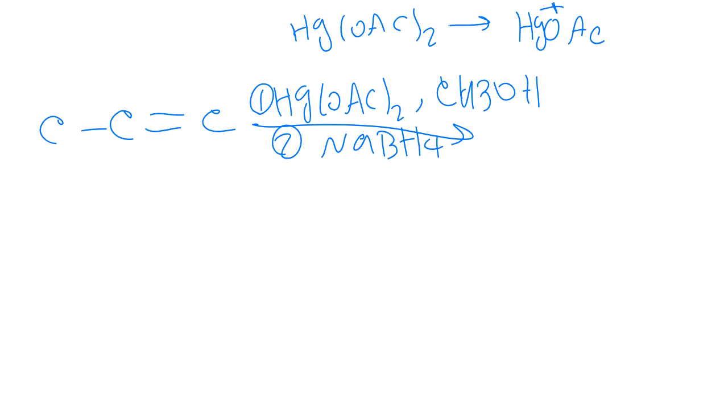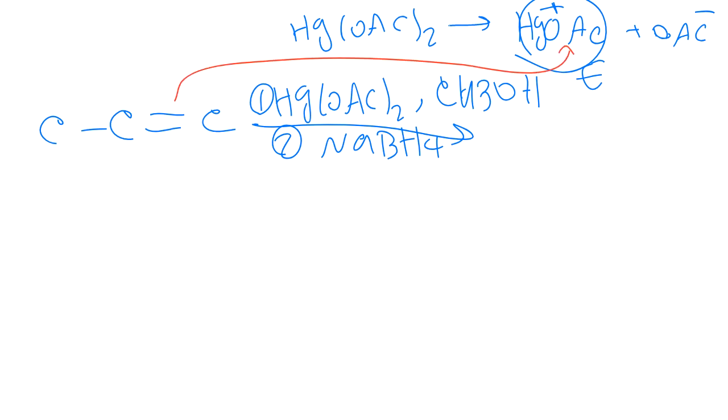One of the OAc with the negative charge left, plus the OAc negative. This is our electrophile. The electrophile is going to form a bond with the carbon-carbon double bond. So the intermediate we get is a triangle here.